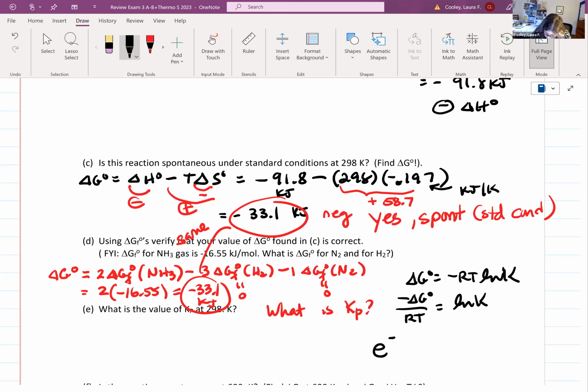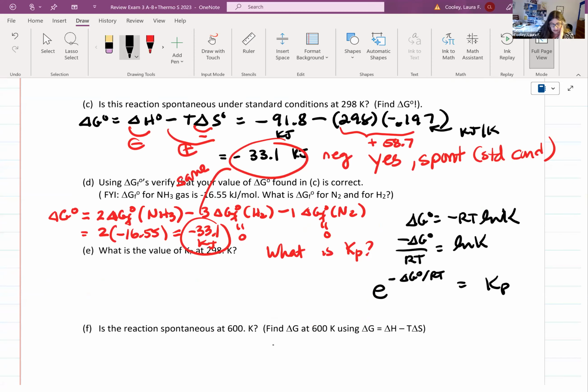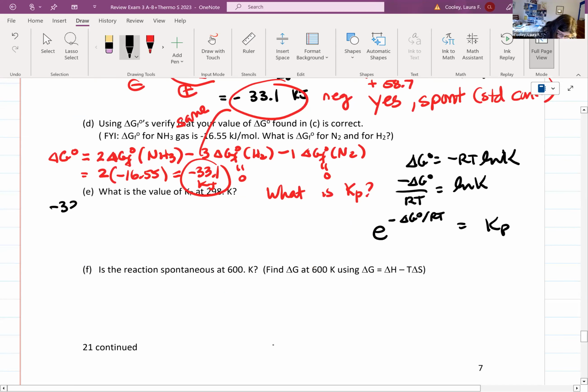So e to the negative delta G0 over RT is K. You have to use R in kilojoules per mole Kelvin and 298.